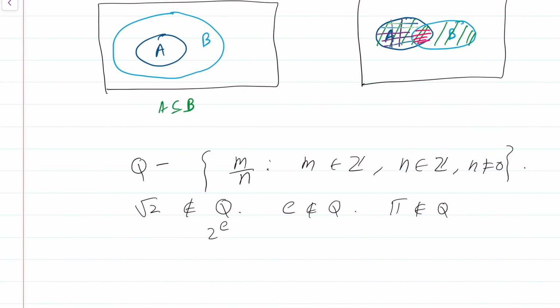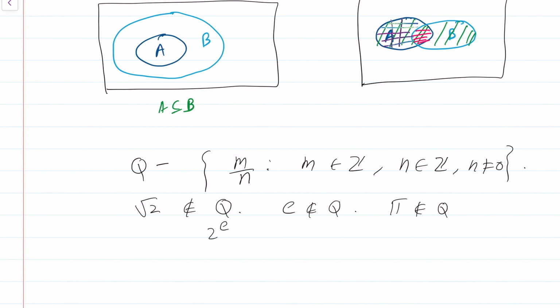So when I say a set is a collection of objects, I do not require that the definition of the set gives me an algorithm for deciding whether a particular object is an element of the set or not. What I merely require is that it should be clear that either a particular thing is in the set or is not in the set. There should be no ambiguity in the definition. There is no necessity to provide an algorithm when you define a set. So please keep that in mind.